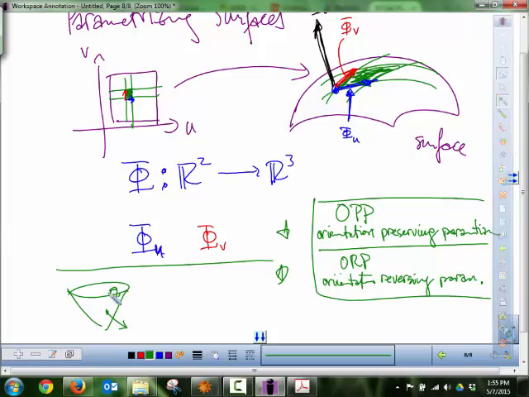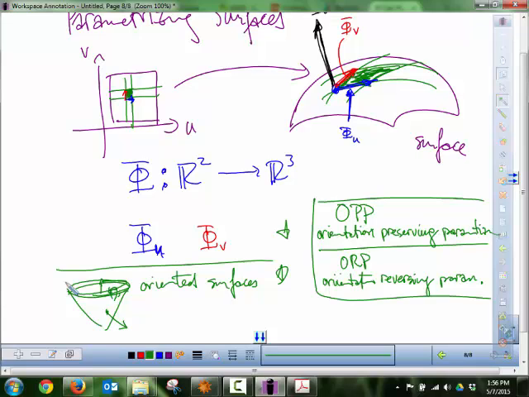You have to cross an edge to get the orientation to go the other way, or to get the other normal. Okay? So these are called oriented surfaces. If it's a closed surface, then you have to actually come out to get to the other side.